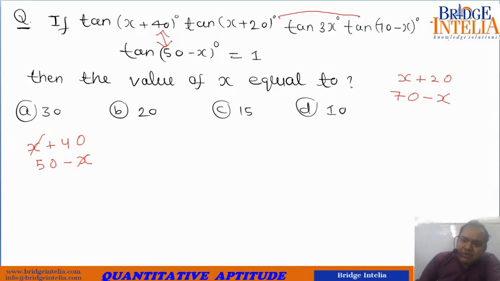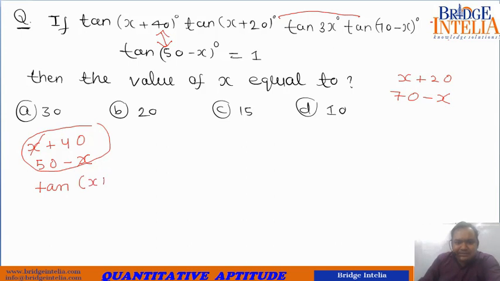So what is meant by complementary angles? If the sum of two angles is equal to 90 degrees, they are said to be complementary angles. You can see before your eyes that at least two pairs of complementary angles are hidden over here. So you know what is to be done when you get sets of complementary pairs: you take their complementary trigonometric ratios. Let's first arrange the terms accordingly and bring all the complementary angles together.